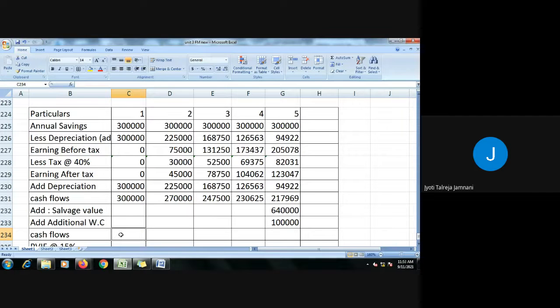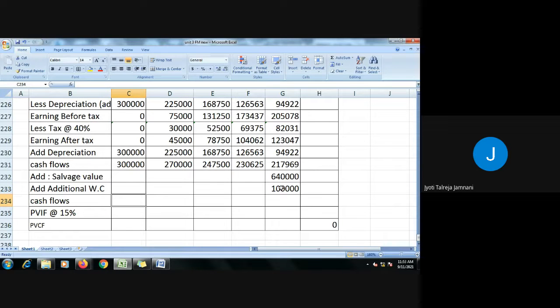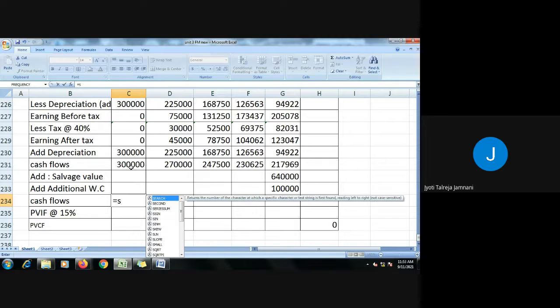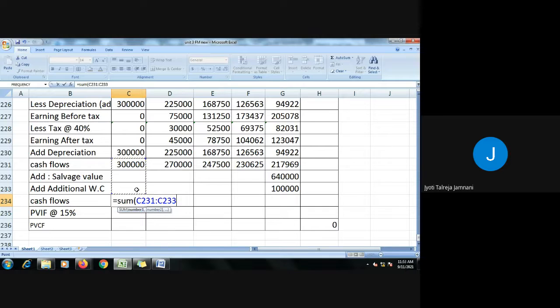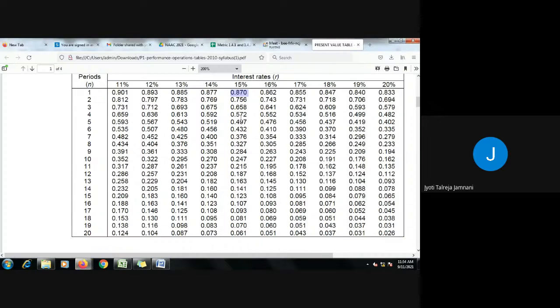Working capital itself means that you are going to invest, sell the products, and recover back the money. So it is a cycle. You put in and it comes back. So at the end of fifth year, that additional 1 lakh is going to come back to us. So now we'll do cash flows plus salvage value plus working capital, which is there only in the last year. So last year cash flow will be a little high.